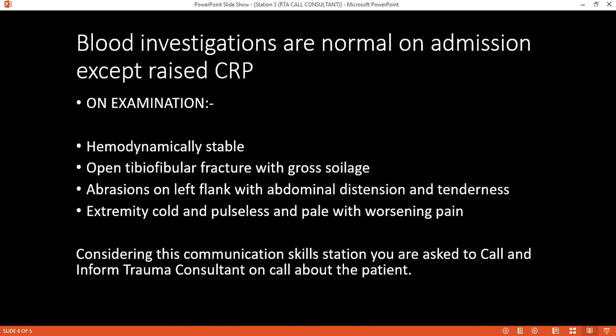The X-ray shows the open tibiofibular fracture and free fluid in the paracolic, left flank.